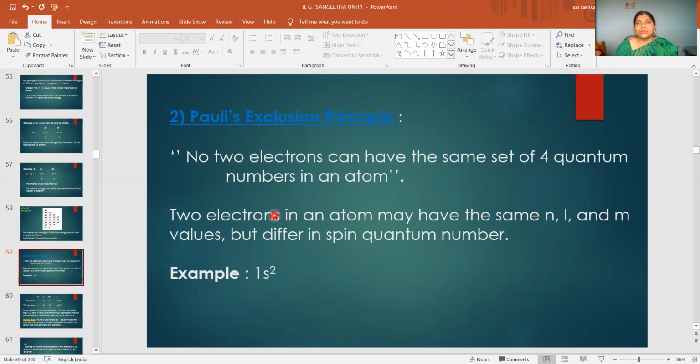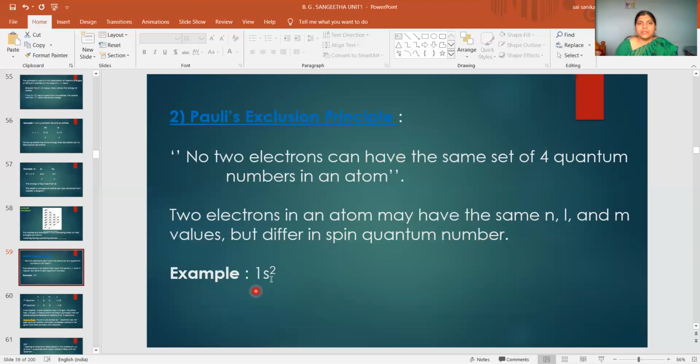So the 2 electrons present in an atom should not have all the quantum number values the same. The first 3 quantum numbers n, l, m may be the same, but the last quantum number, the spin quantum number, must be different.